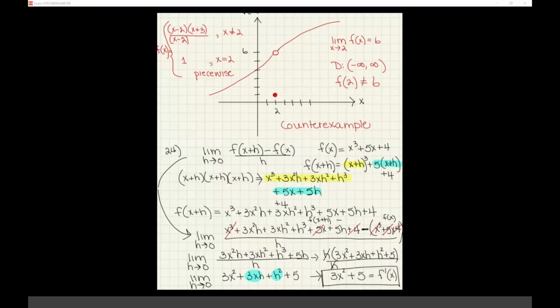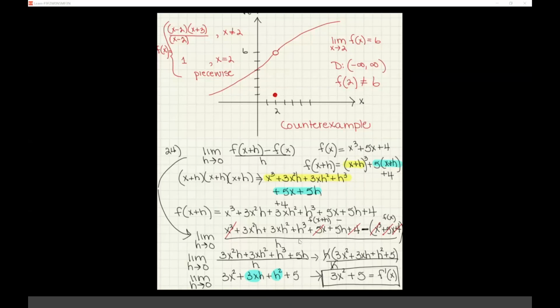So you can plug in any x value you want, and this function f prime will give you the slope of the tangent line to f at that x value. If I wanted to know the slope of a tangent line at a particular value of x, I could just plug that value into this derivative function and boom, I would get the slope of the tangent line there.